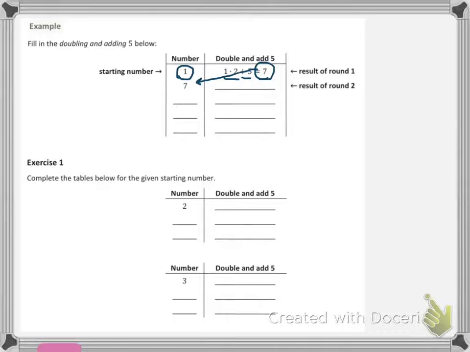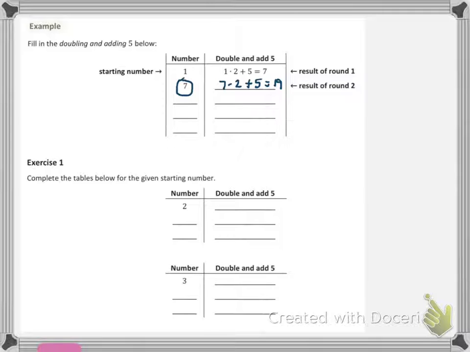So we're going to start with the 7, and we're going to double that, so 7 times 2, and then we're going to add 5 to that. 7 times 2 is 14, and 5 more is 19. So the result of round 2 is 19.